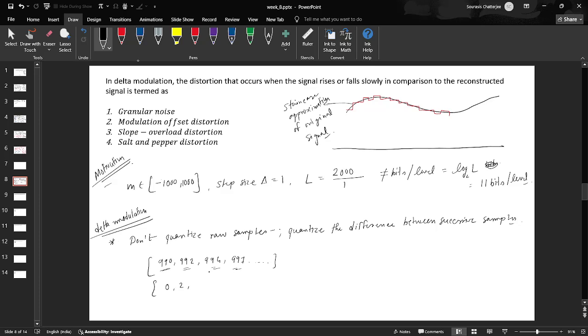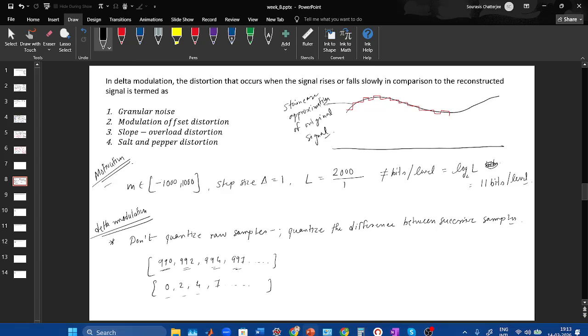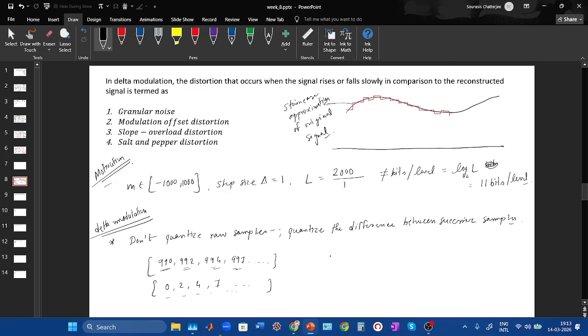The third one is 994, so now it becomes 4. Now it's 997, so it's basically 7. So you can see, if you don't quantize the raw samples and rather quantize the difference, the values you are supposed to quantize come down significantly.